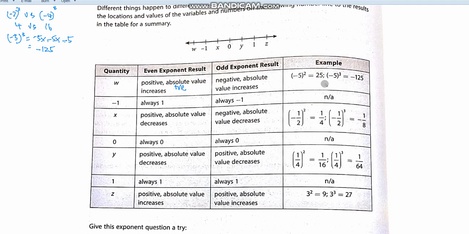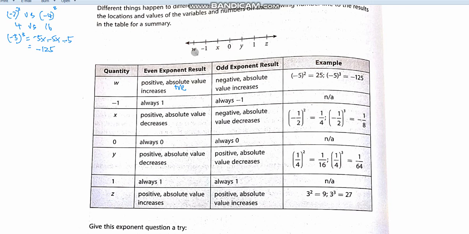You will notice that when your base is negative and you have an odd exponent, you always get a negative. If you put a 5 here, you're also negative. Now next is absolute value increases.